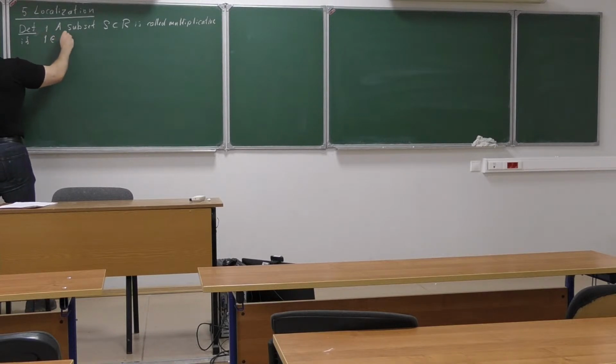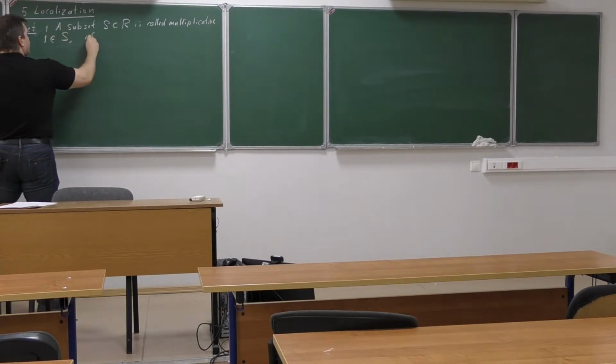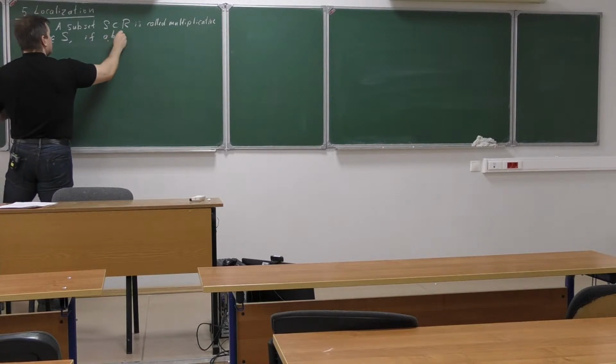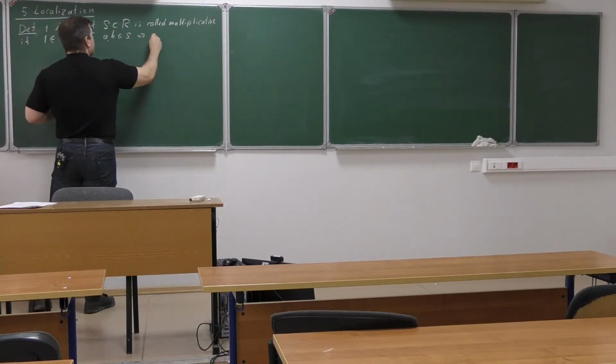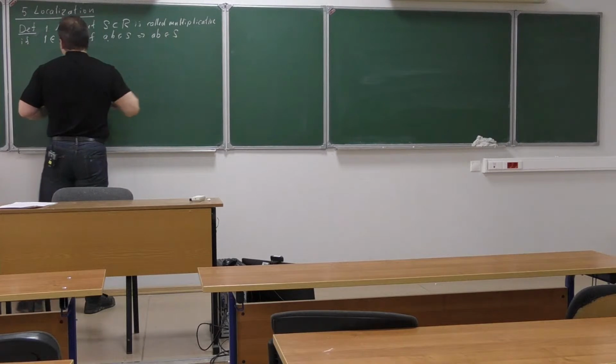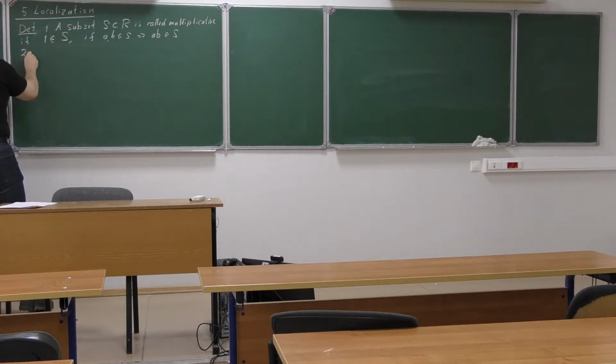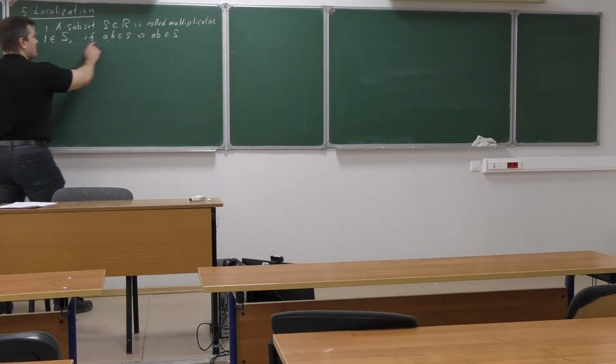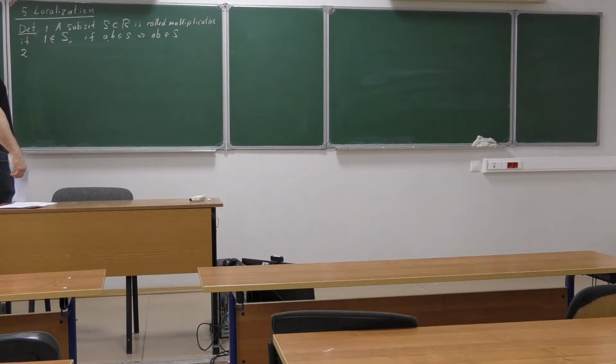So one is 1 is in S, and if we have two elements a and b in S, then the product is also in S. So the goal is to use this set as a set of denominators for some fractions. If you want to multiply fractions or add fractions, you need to know how to multiply denominators, and this is what we add formally in the definition.